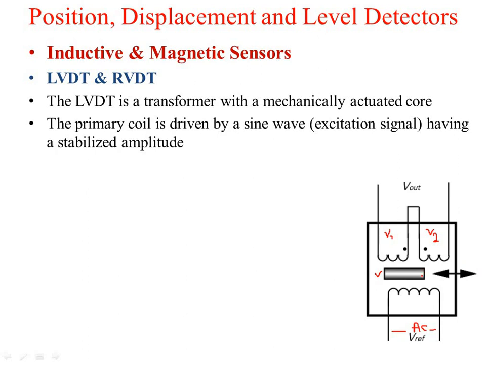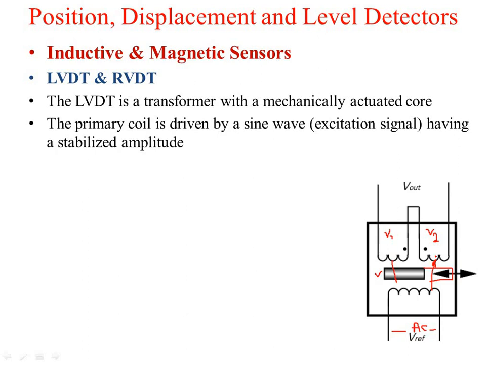So you move to and fro. When it is at this position, the maximum linkage is with this one, and when it moves towards this one, the maximum linkage will be with this one. So the linkage will change the voltages V1 and V2, and since the two coils are connected in opposite direction, you will be getting the difference between the two voltages, and that is proportional to the displacement.